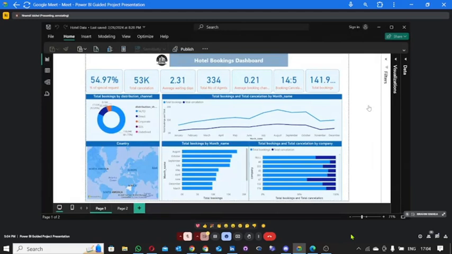And from the dashboard I have, we would see that we have a percentage of special requests. Requests come into the hotel on a day-to-day basis. Of the requests that the hotel gets through online booking, personal requests coming in, walking into the hotel, we noticed that there were about 54.97% special requests from people who book ahead of time.